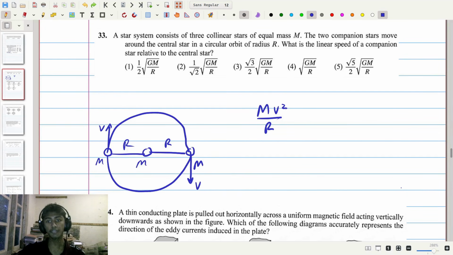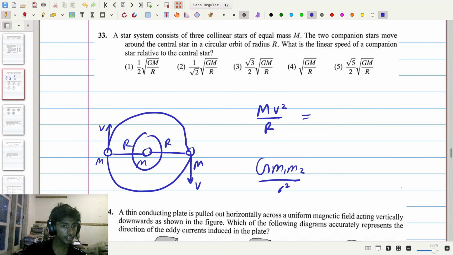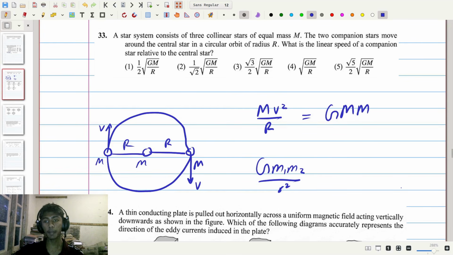Now considering the force of gravity, if we substitute G m1 m2 divided by r squared, for the central star, the radius here is r and the mass is capital M, and therefore we will get G times capital M divided by r squared.